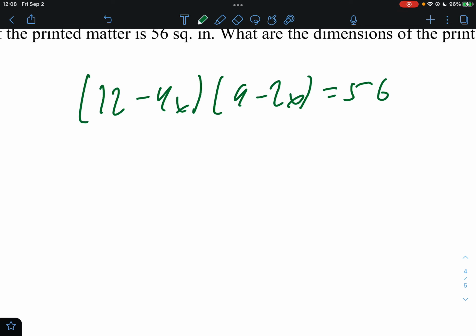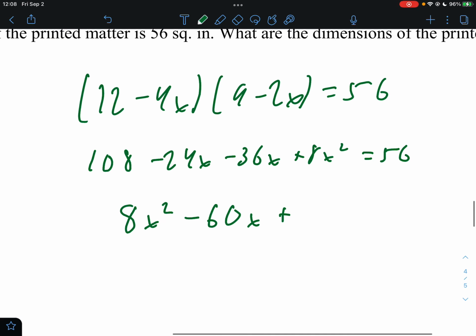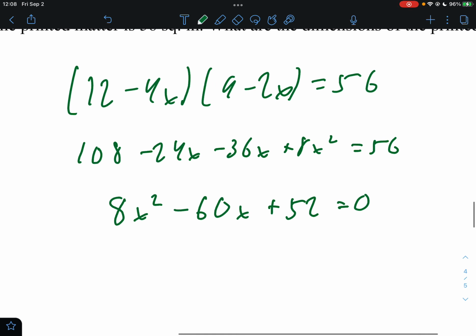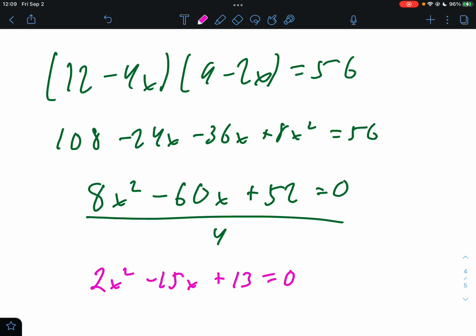All right, if we multiply this out, 9 times 12 is 108, minus 24x minus 36x plus 8x squared equals 56. Get in descending order, so 8x squared minus 60x plus 52. Hope I'm doing my math right there. And now we got to try to factor this, but we can divide through by 4 and get 2x squared minus 15x plus 13 equals 0.